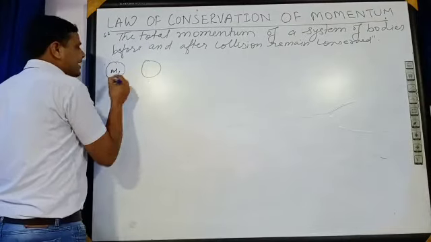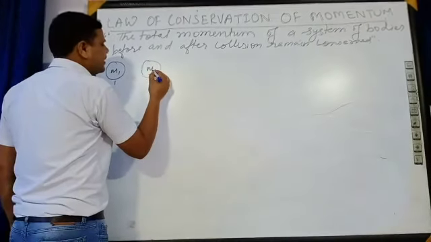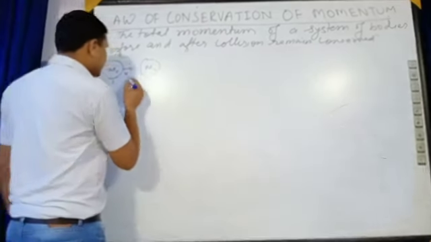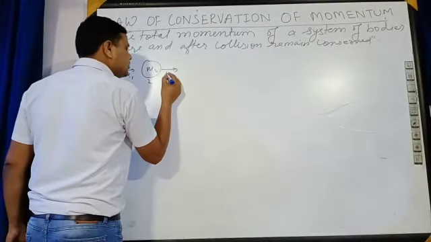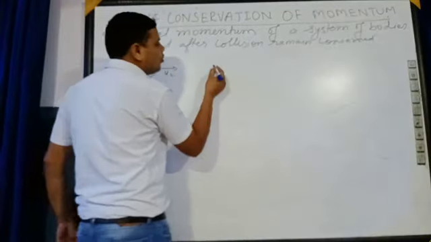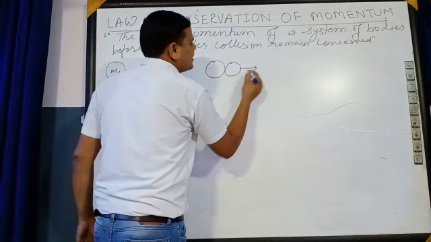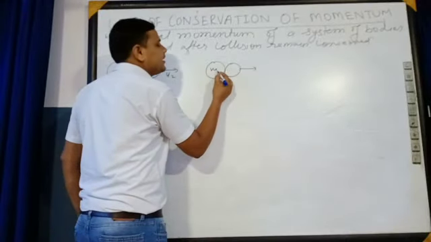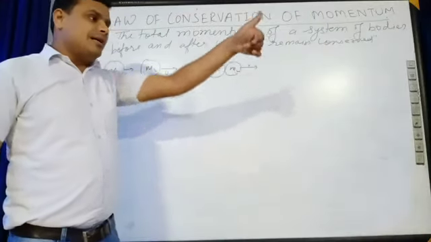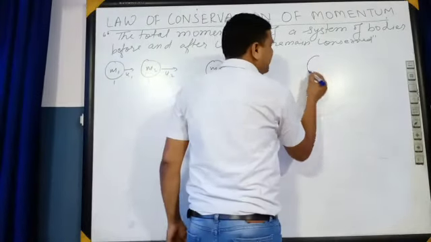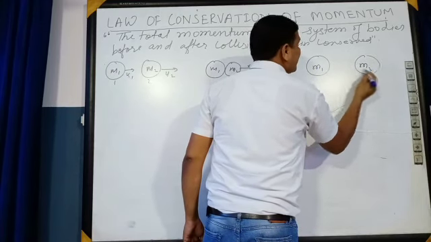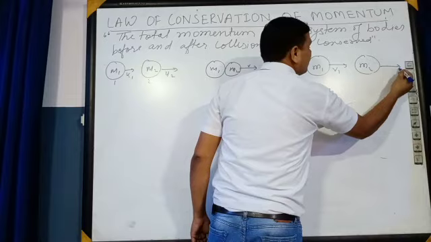Mass of the first body is m1, mass of the second body is m2. The first body moves with initial velocity u1, the second with initial velocity u2. After some time they collide with each other, and after collision they separate again.